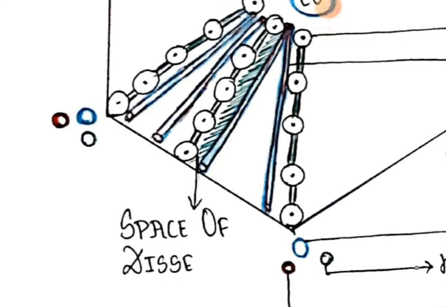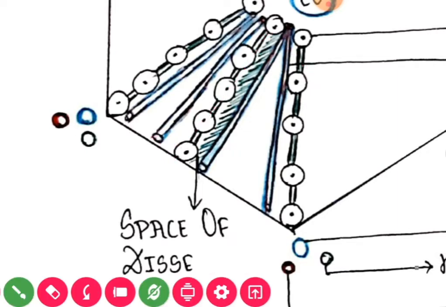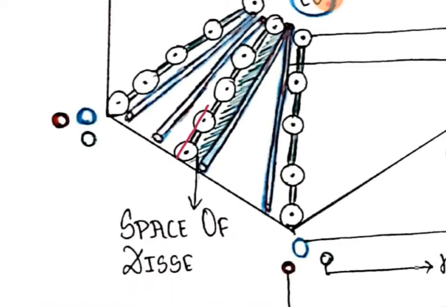Now we can see that between the hepatocytes and the sinusoid, we have a space, this marked space.